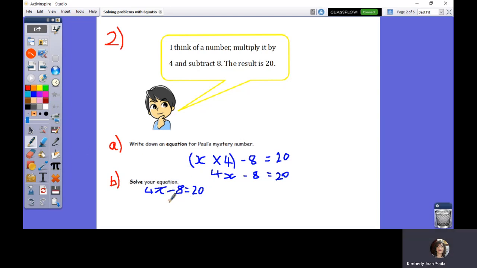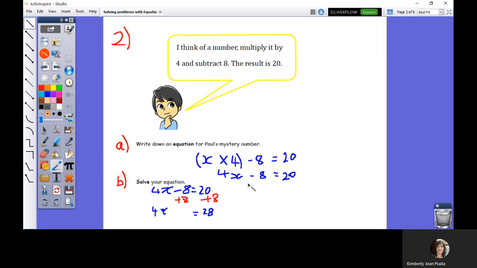We get rid of this minus 8 by adding 8 on both sides. Okay, and we are left with 4x. This becomes 0 is equal to 28. Let me continue here. So we ended up with 4x is equal to 28.